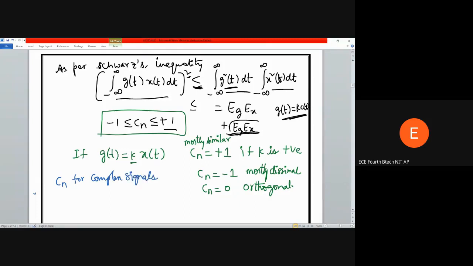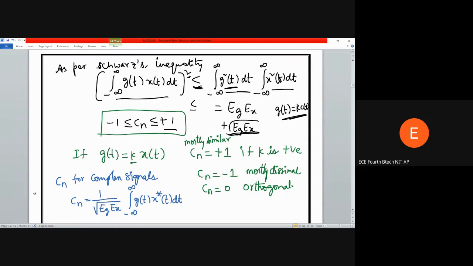Of course, for complex signals also you can define the energy of the signal Eg and Ex, and the only difference that you can see is the integral from minus infinity to infinity. You are supposed to keep g of t multiplied with x star of t dt. This is the way you define the correlation coefficient, and even here you will be having the correlation coefficient ranging from +1 to -1.